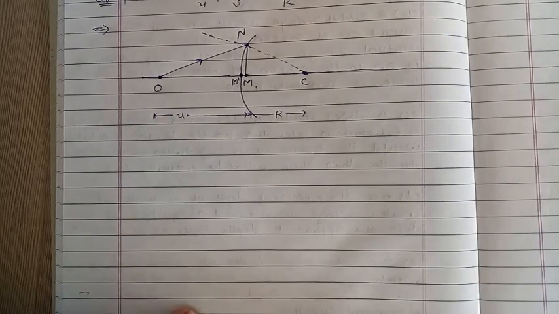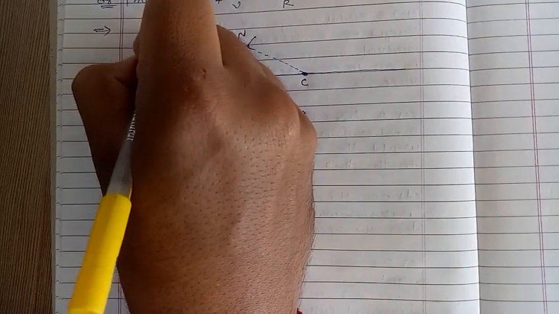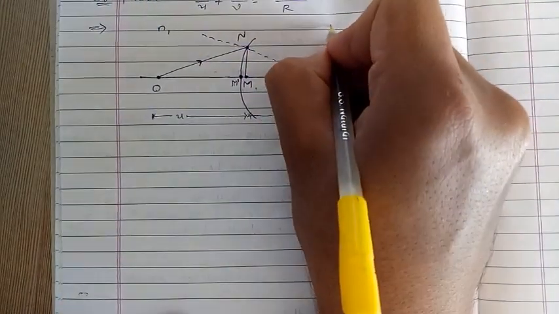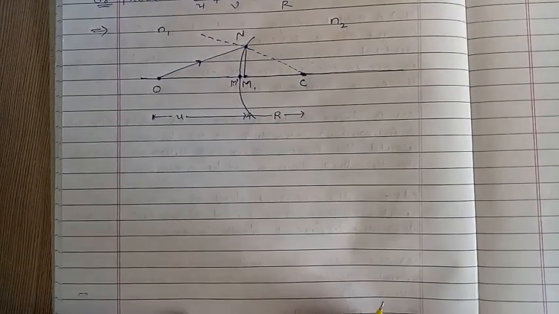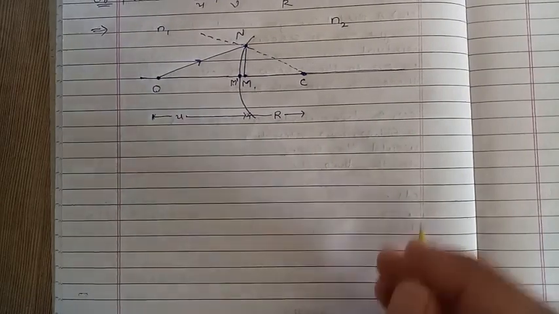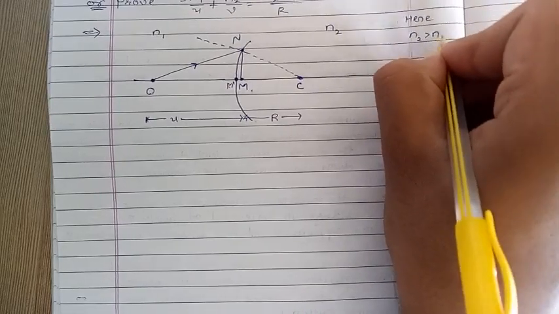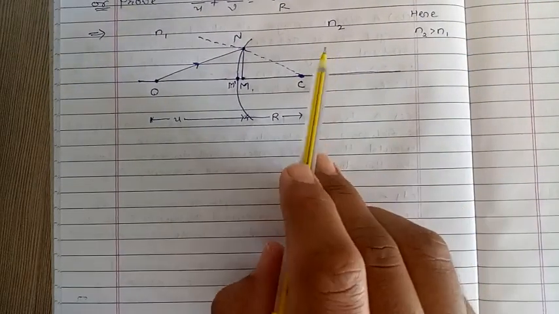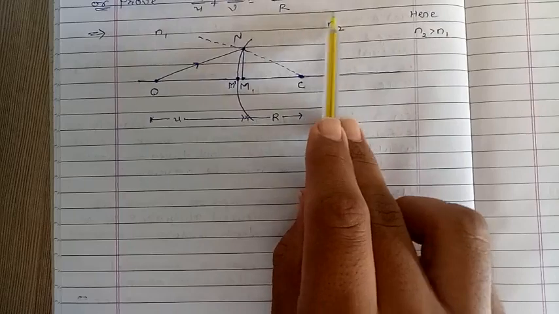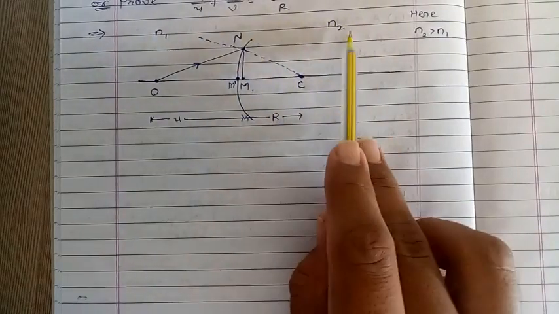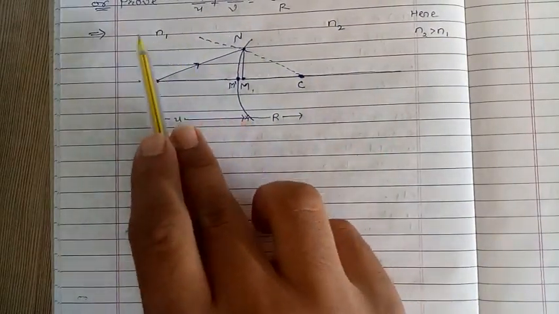Okay, now this is our first medium n1 and this is our second medium n2, but here n2 is greater than n1, so the refractive index of this medium n2 is greater than this n1.